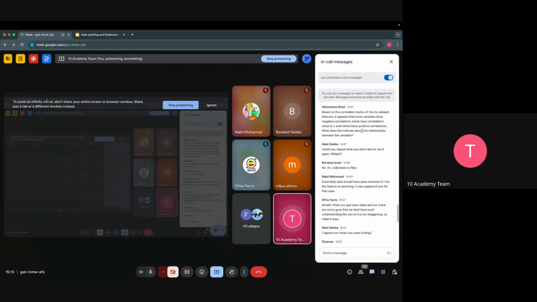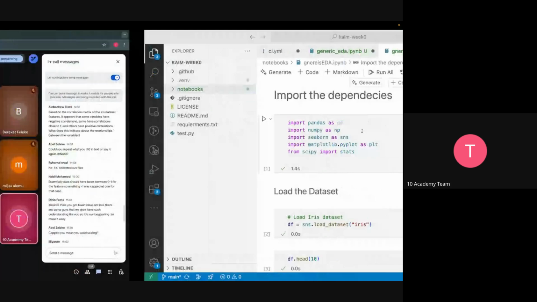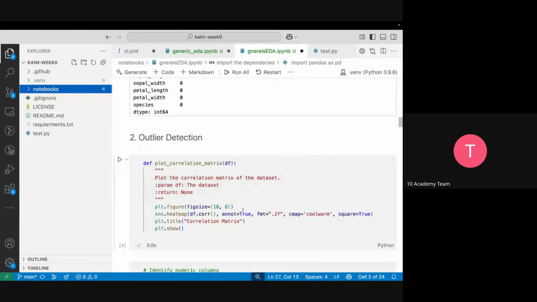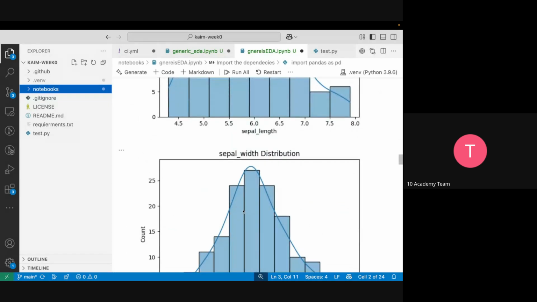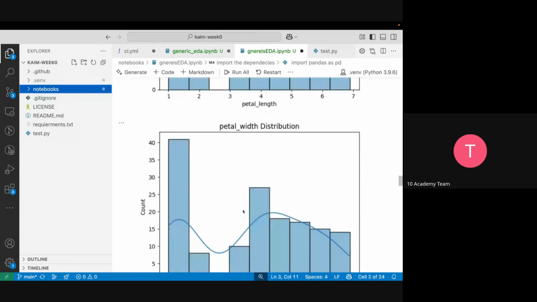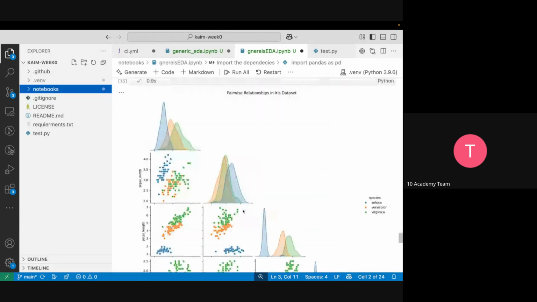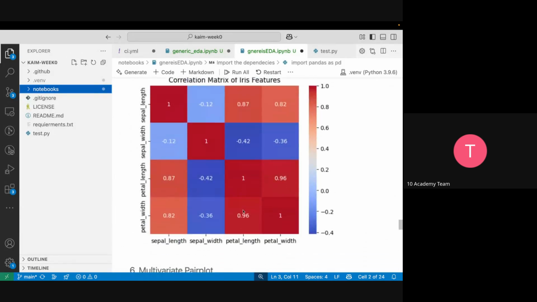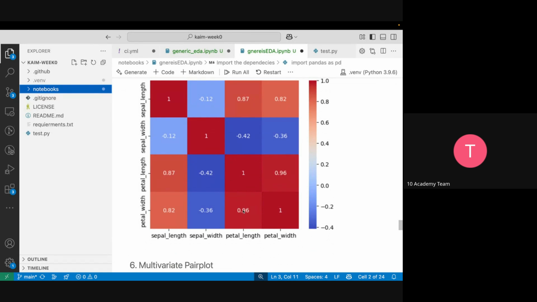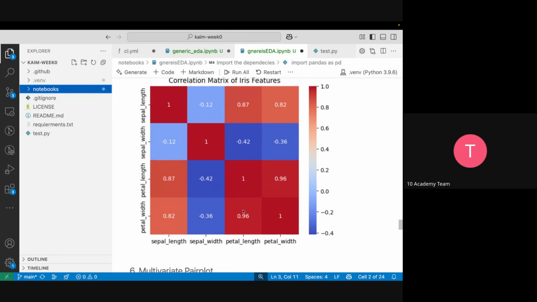I think this is a great question. When you take a look at the correlation heat map, you can see that some of them have high correlation, some have low correlation, and some have a negative correlation. So what does this mean? A high positive correlation means that the higher the petal length, the higher the petal width, and so on.